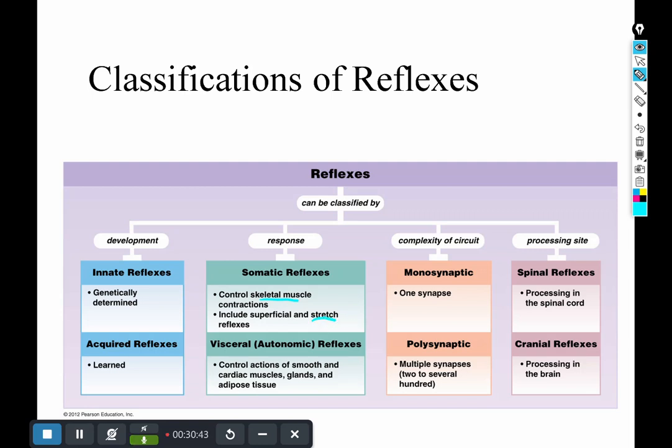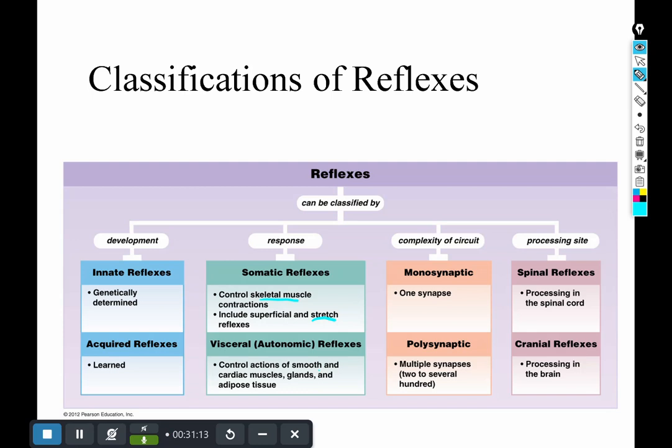And then visceral reflexes, yes, there are ones of these as well, and these are going to control actions of any effector that is not somatic. So for example, actions of smooth muscle and cardiac muscle, glands and adipose tissue. Glands include sweat glands. If the signal is that the ambient temperature is really high, sweat glands will be activated via a visceral reflex arc.